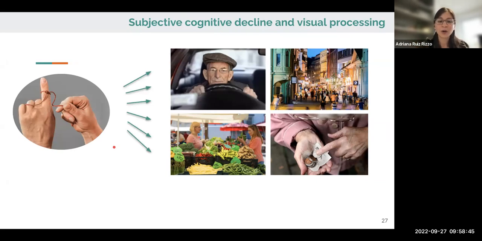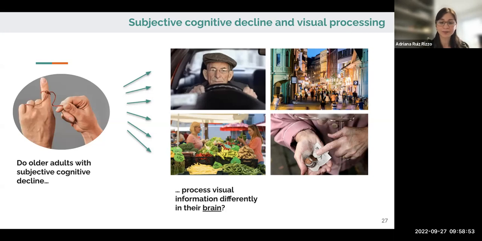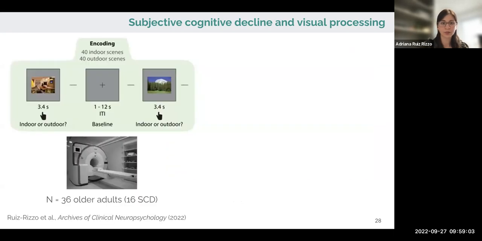And that's why one of the first studies at the Connect Lab was to investigate whether older adults with subjective cognitive decline process visual information differently in the brain, and whether they show more memory problems to complex visual stimuli.